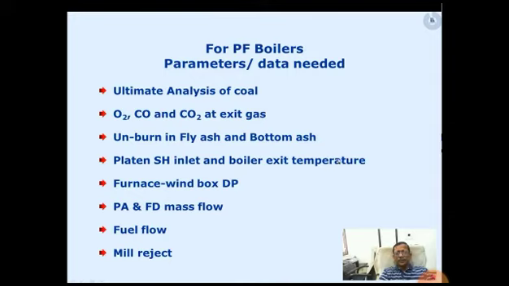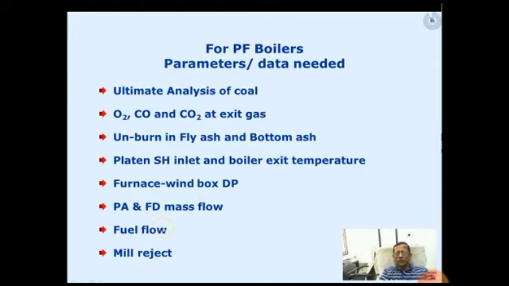Stack temperature, that is also for the measurement of the dry gas mass loss, sensible heat loss to dry gas. The furnace wind box DP to understand the turbulence. The PA and FD mass flow is measured to measure the total air.